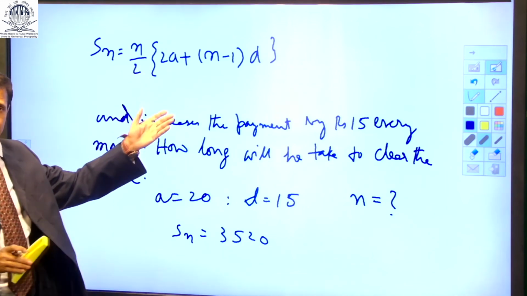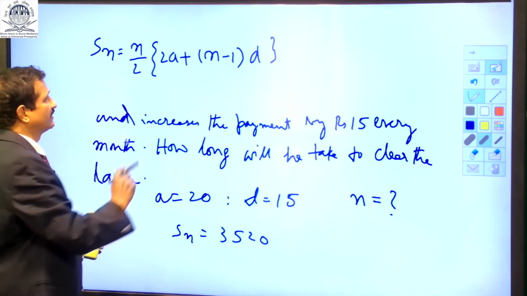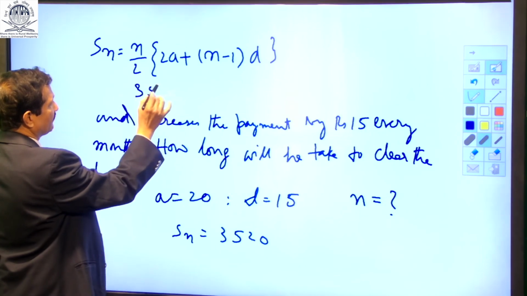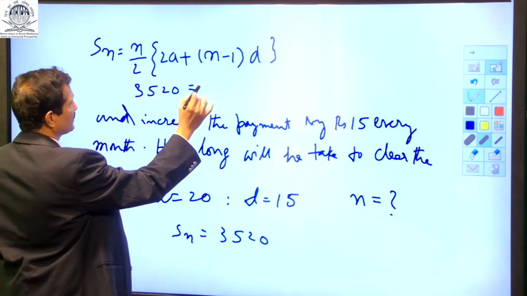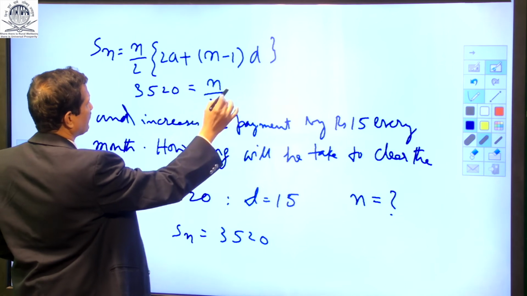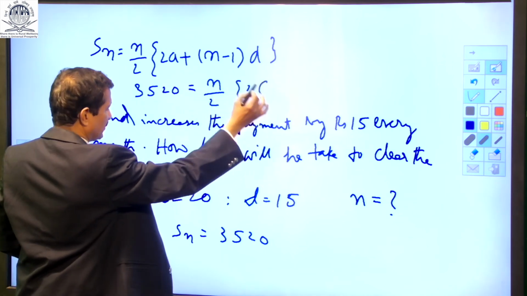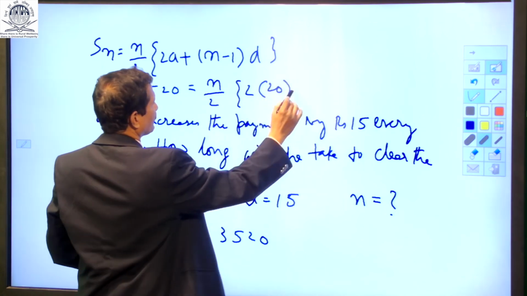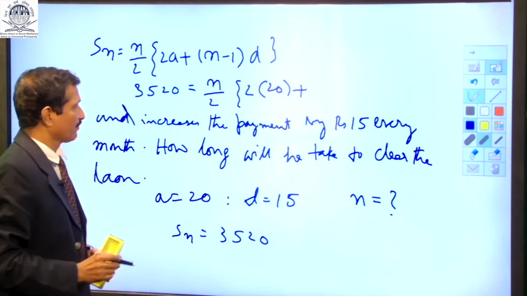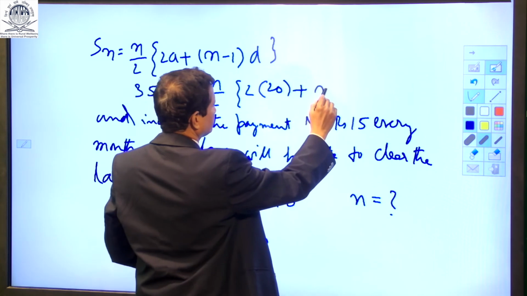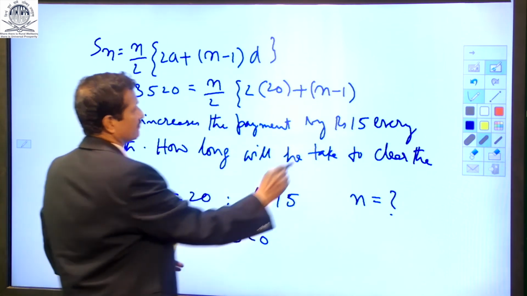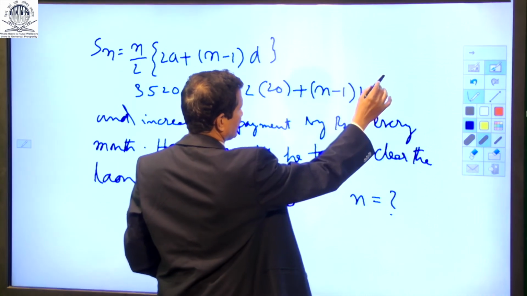We know all these terms. Now let us substitute these values in this. So Sn is 3520, which is equal to n by 2, where n is unknown to us, into 2 into a, which is 20, plus n minus 1, and d is 15. Let us substitute these values here.